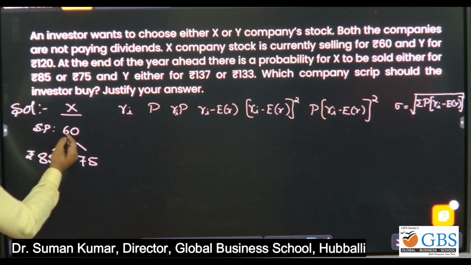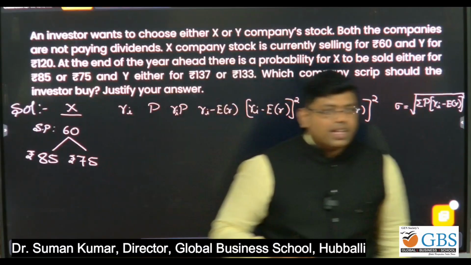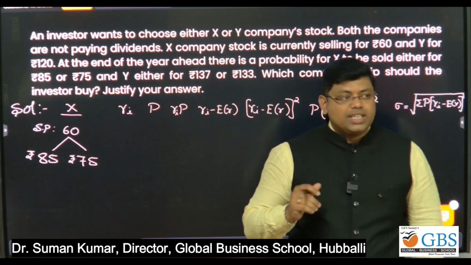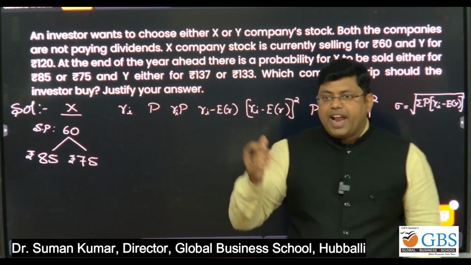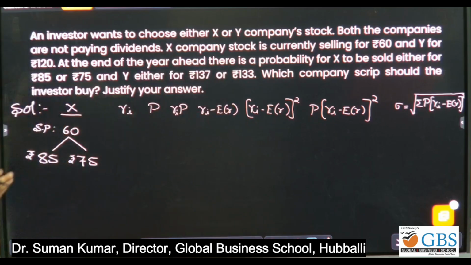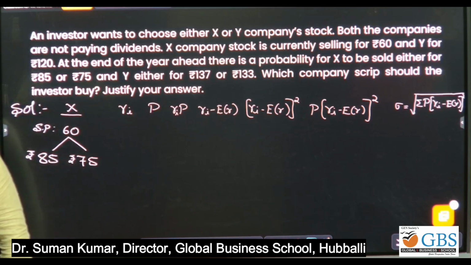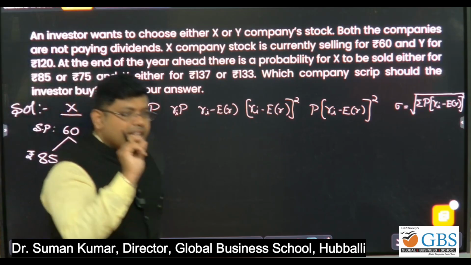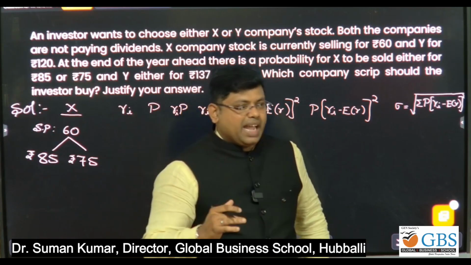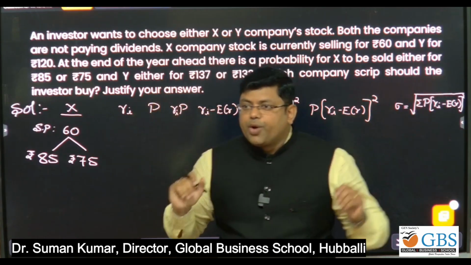What is the return? 25 divided by 60 into 100. See, any price change, the return can be found out. Difference in that increase or decrease divided by the initial price into 100. Are you listening, everyone? How to find out returns?